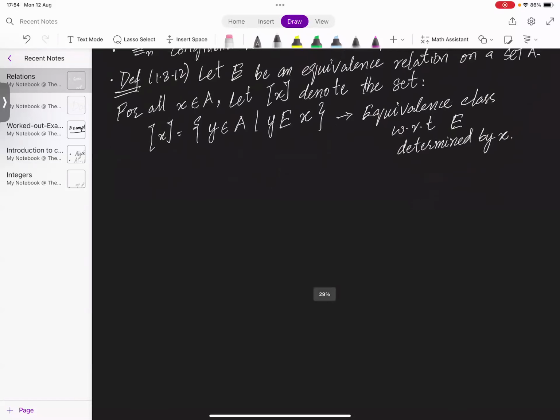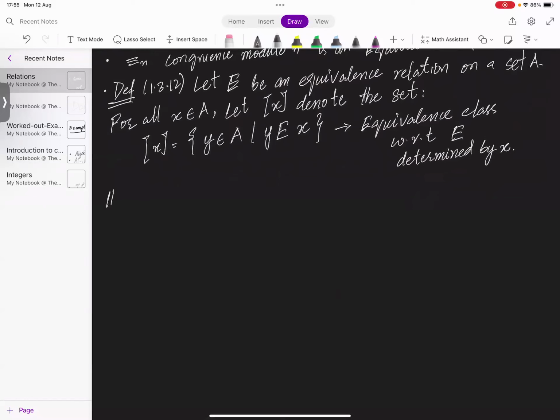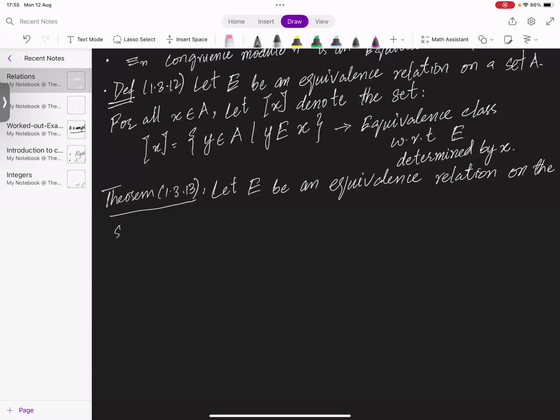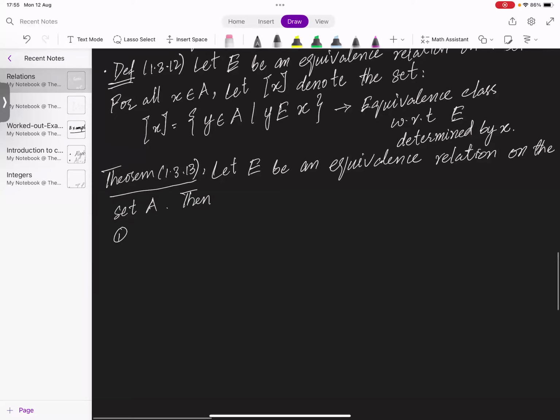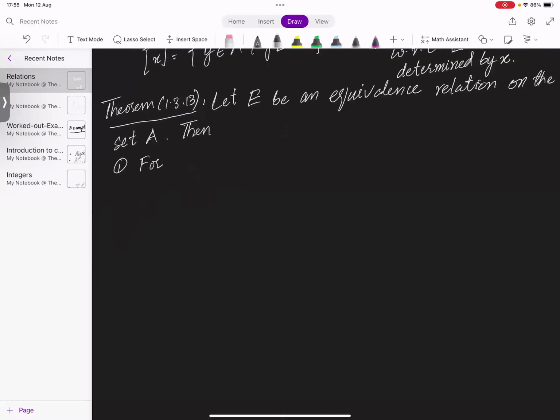We have a theorem, 1.3.13. Let E be an equivalence relation on the set A, then 1: for all x in A, this equivalence class is not phi, is non-empty.